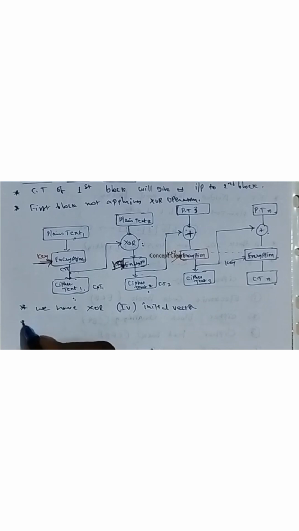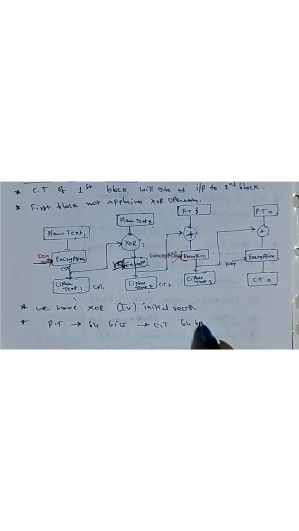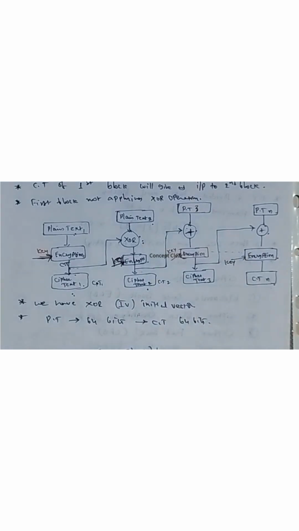And in this one, if the plain text is 64 bits, then the ciphertext is also 64 bits. Why? Because in a block cipher, whatever the original plain text size is, the same size will be the ciphertext.